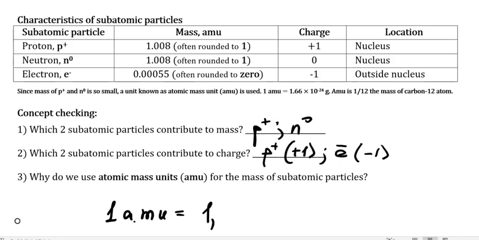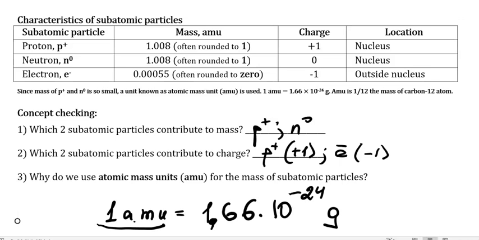And one atomic mass unit is 1.66 multiplied by 10 to the power of negative 24 gram. So this is a very, very small amount of grams. That's why it's more convenient to use one atomic mass unit than to use this whole number.